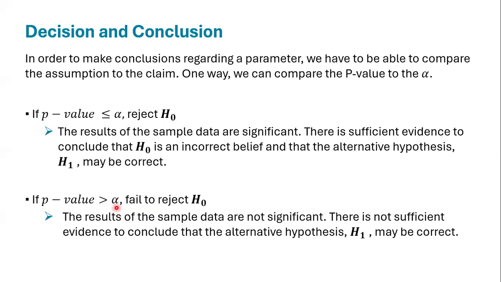When you reject the null, that means that the alternative may be correct. But when you fail to reject the null, we don't have enough evidence to support that the alternative may be correct. Okay?